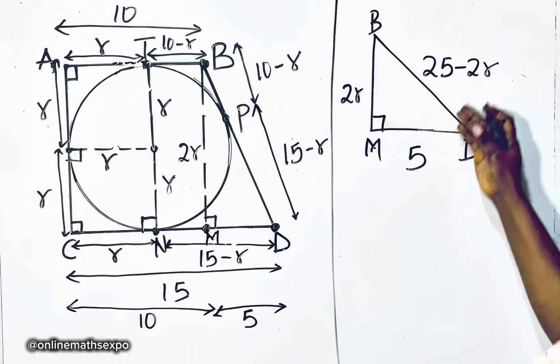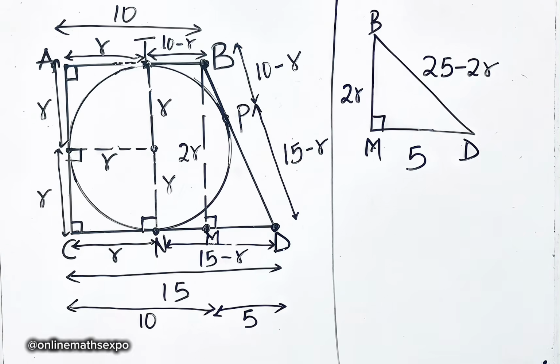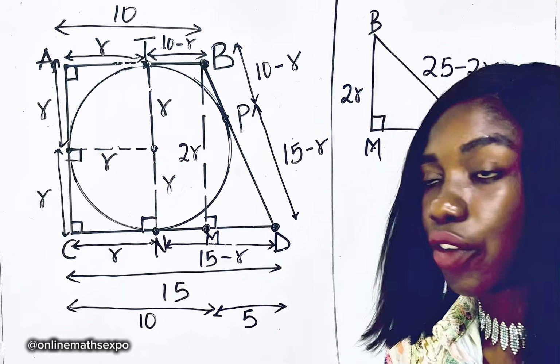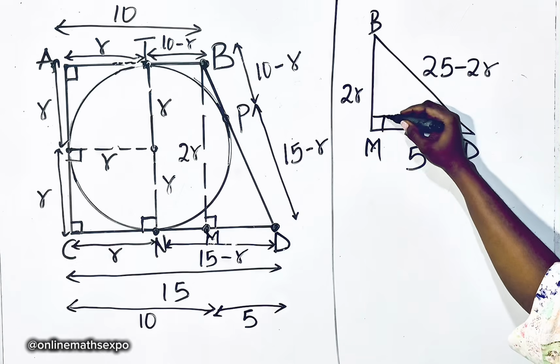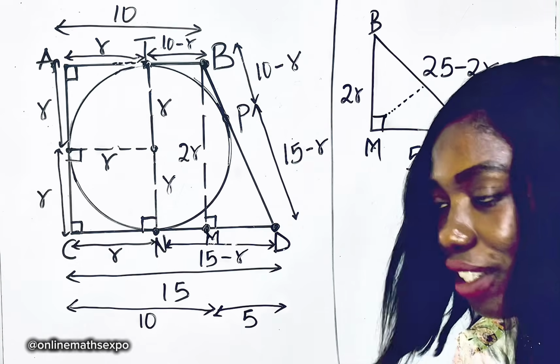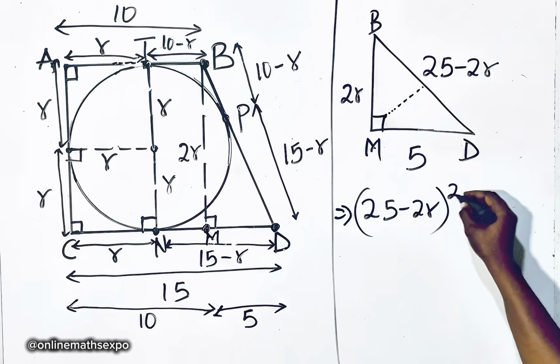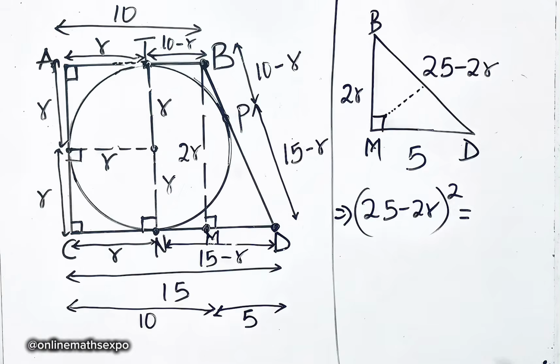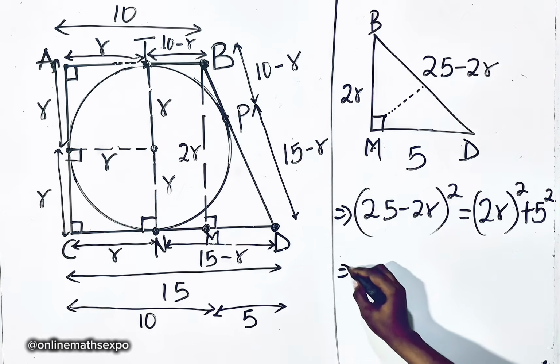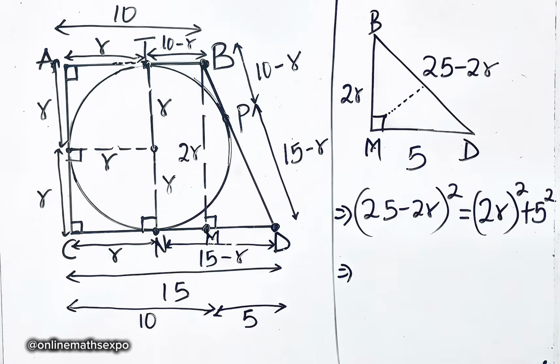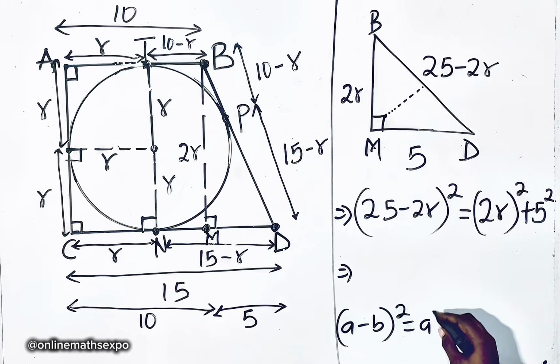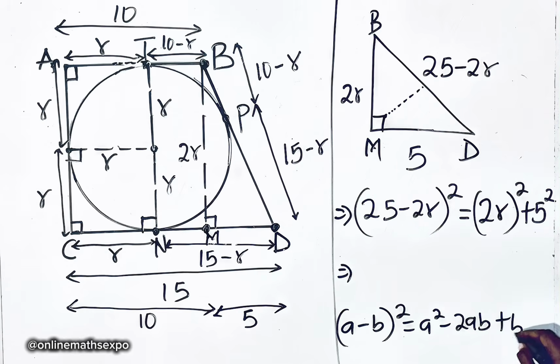It's a right angle here. So what should we do? We are working with the 3 sides of a right triangle. Use your Pythagorean theorem. And obeying your Pythagorean theorem, remember that the length opposite to the right angle is always the longest. So quickly square it. You have (25 minus 2R) squared equal to the sum of the squares of the 2 legs. So it should be (2R) squared plus 5 squared. Let's simplify this. To expand this, remember, each time you have (A minus B) squared, it is always A squared minus 2AB plus B squared.